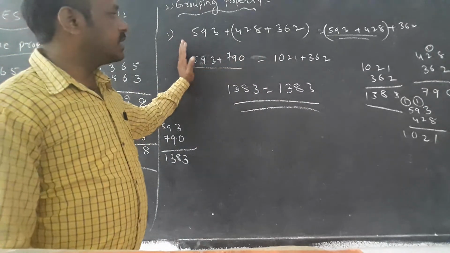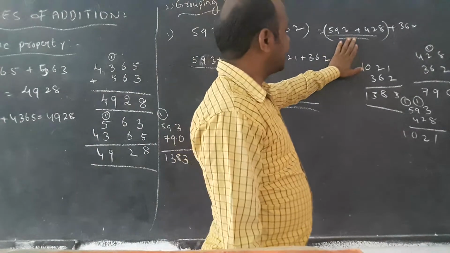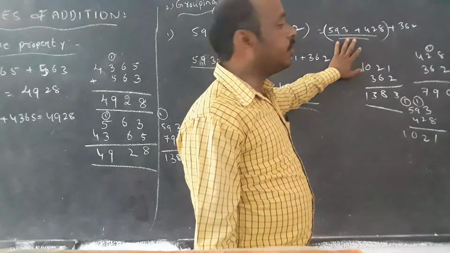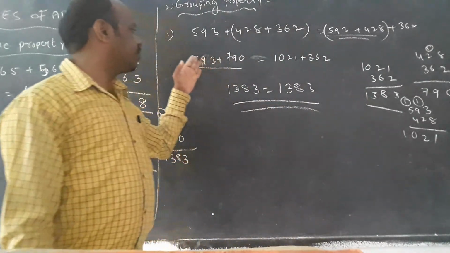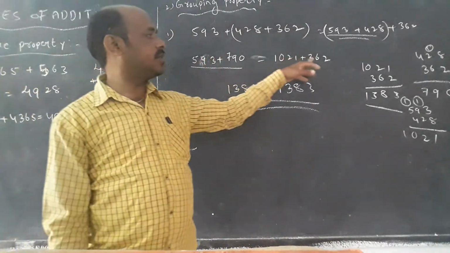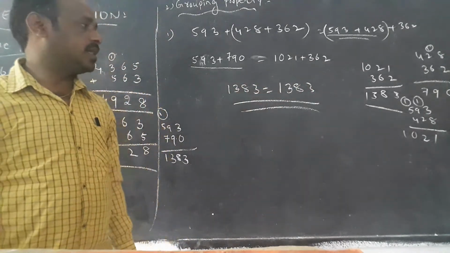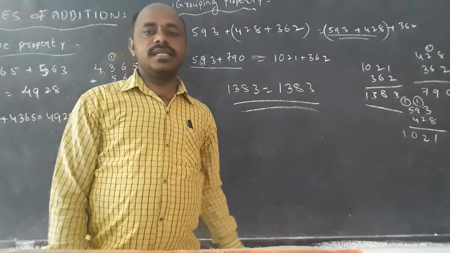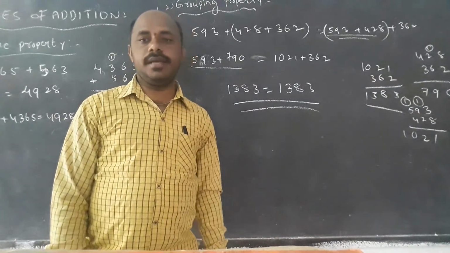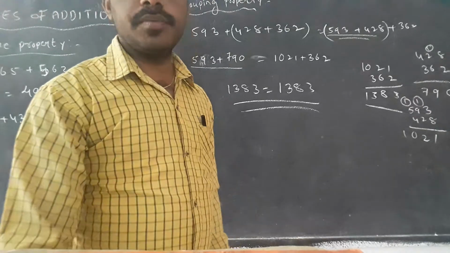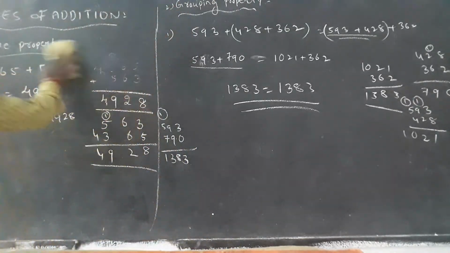First I added the last two numbers, then in the second I added the first two numbers. Finally we added the first number to the sum of the two numbers. It becomes the last sum, 1383. This property is known as the grouping property. First is the commutative property, second is the grouping property. Next one is the additive property.